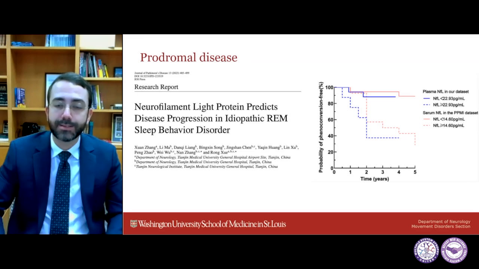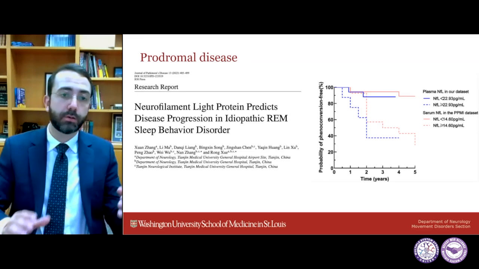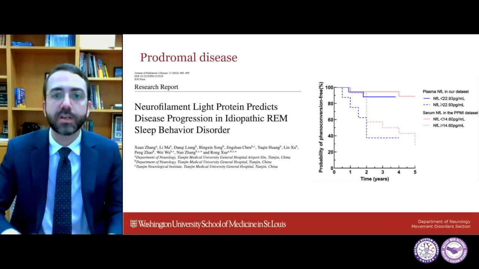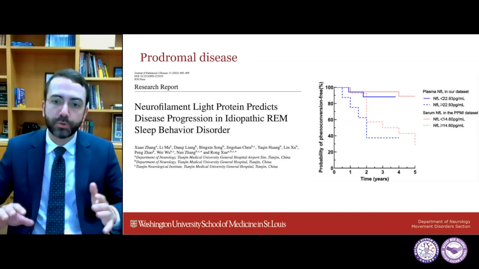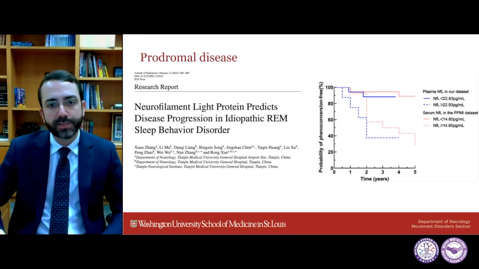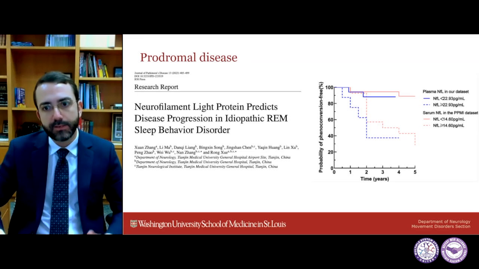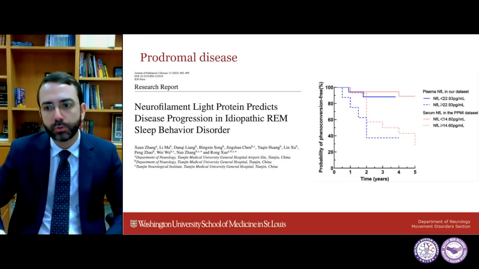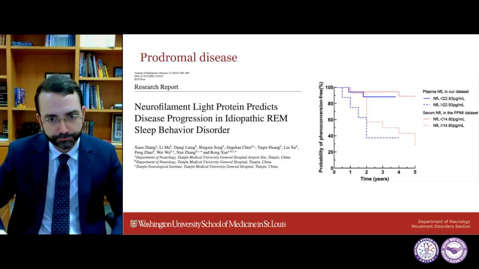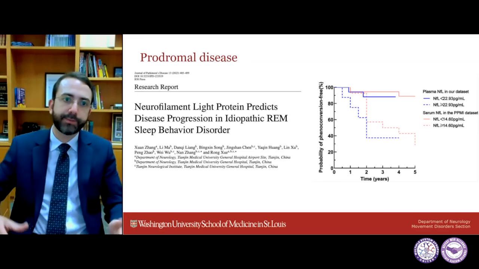This study does not yet allow us to differentiate who is going to develop Parkinson's disease, MSA, or dementia with Lewy bodies, although some other groups have suggested that perhaps an even higher level of neurofilament light chain could predict the development of MSA even before they have the symptoms. And this has huge implications to the field.